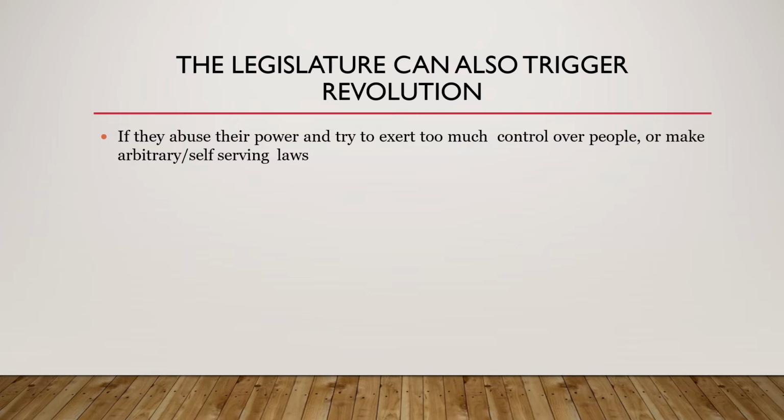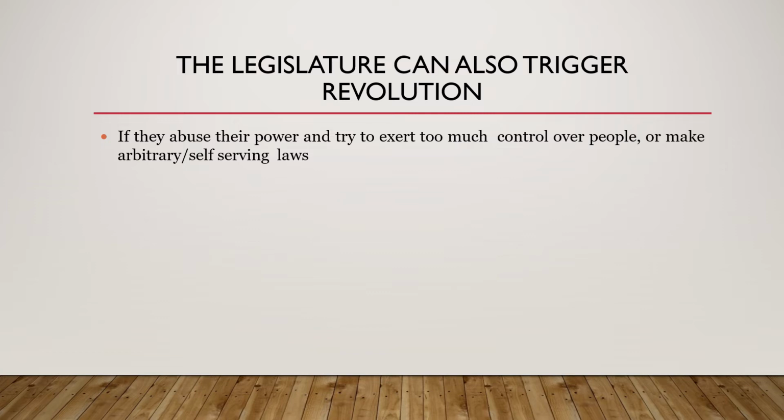So, for example, if they increase taxes on people and then use that tax revenue to give themselves huge giant raises, or they use that money to buy stock and then they divide up the proceeds from the stock, those would be things that could trigger a revolution.